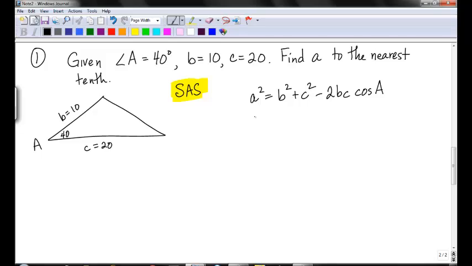So sub in: a squared equals 10 squared plus 20 squared minus 2 times 10 times 20 times the cosine of 40. Now, you should be able to just punch this in. Make sure you're in the right mode, check your mode on your calculator. Degree mode, and I'd go to 4 decimal places.